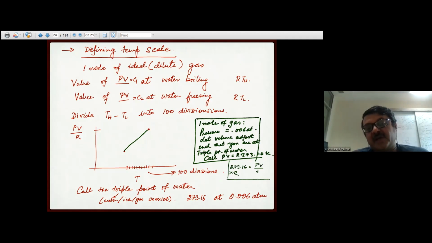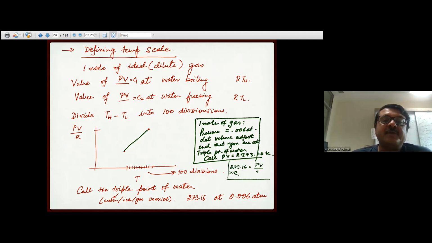You look at the length of the mercury column at the freezing point of water and at the boiling point of water, call that 273 and 373, and there should be 100 divisions. That's how you set up the scale, right?